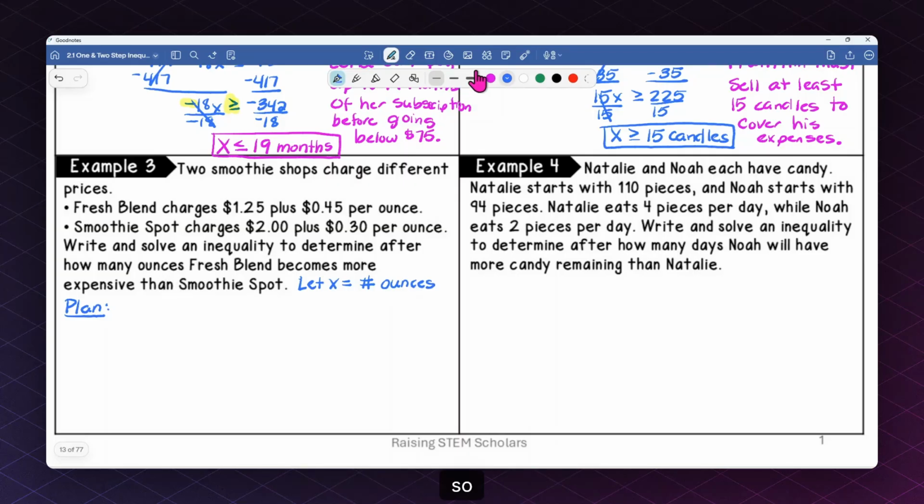Okay, so it says write and solve an inequality to determine after how many ounces Fresh Blend becomes more expensive than Smoothie Spot.